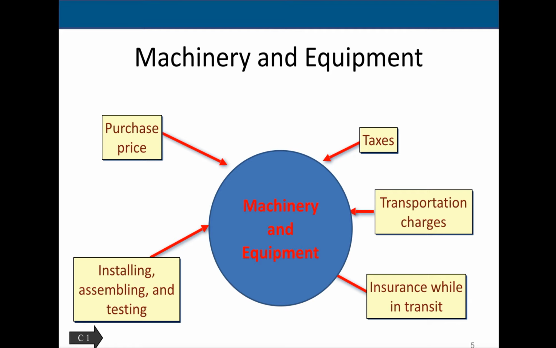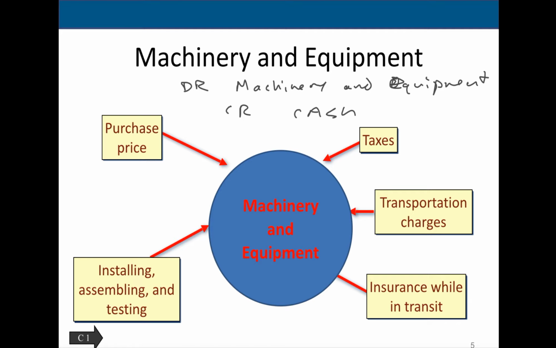If we were doing a journal entry for buying some machinery and equipment, we would have a debit to machinery and equipment, and a credit to cash, or if we were paying with accounts payable or whatever. So that would be my journal entry for the initial cost of my machinery and equipment.